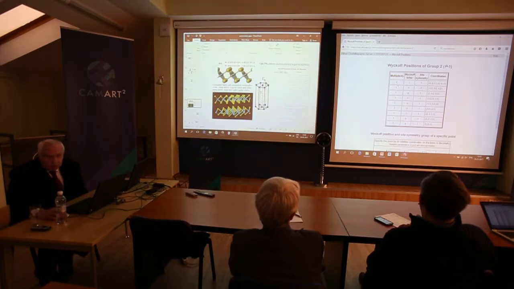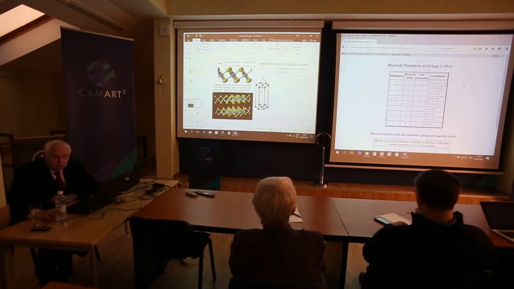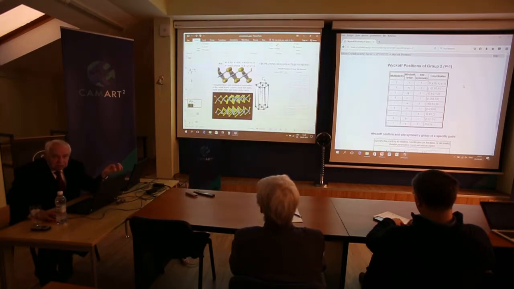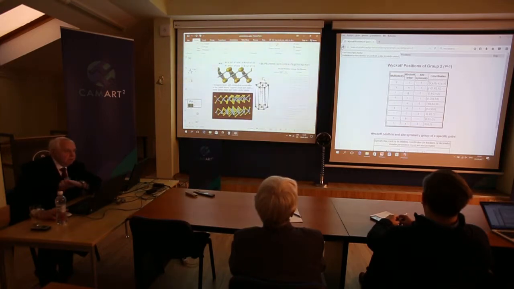Because of inversion. 1 is some general point x, y, z, and the second is received by inversion. So you see that the lattice is triclinic, but the point group can be C1, a first order axis, or inversion. Inversion must be in the lattice, and these are space groups with inversion. Let's move further. So the triclinic system is exhausted. Next.